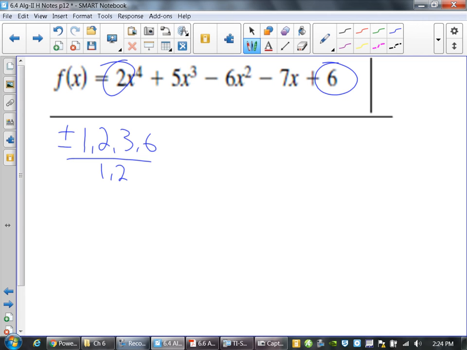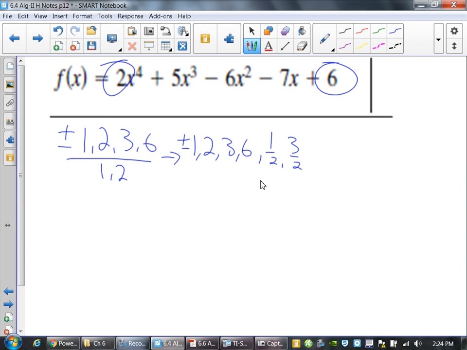Your possible zeros wind up being 1, 2, 3, 6, divided by these, or 1/2, 2 over 2, 3 over 2, 6 over 2. So this tells you that you have 12 possible values that will give you a 0 for the function.